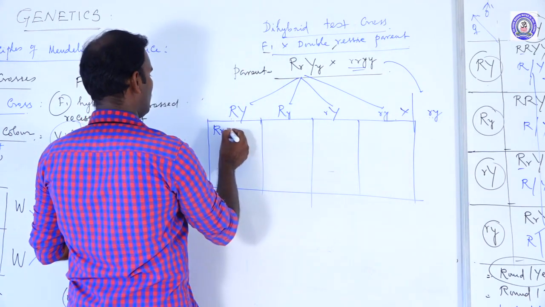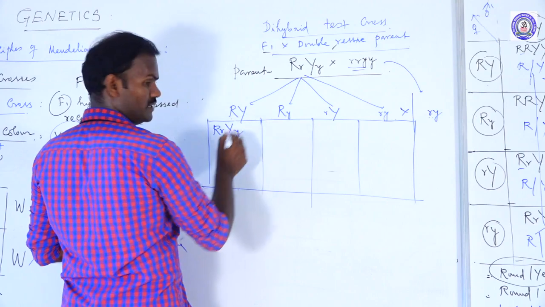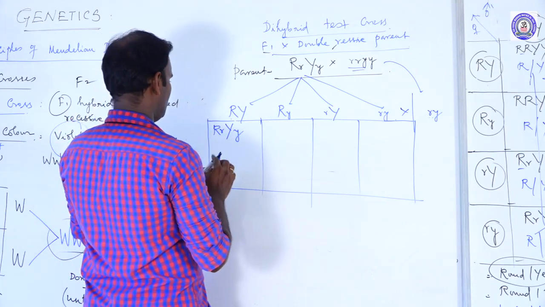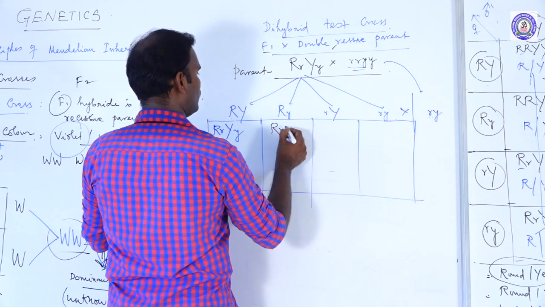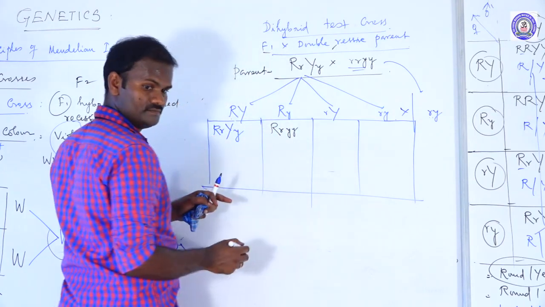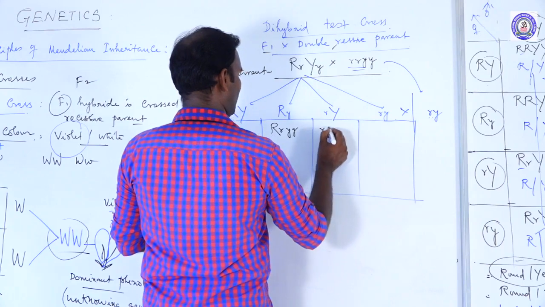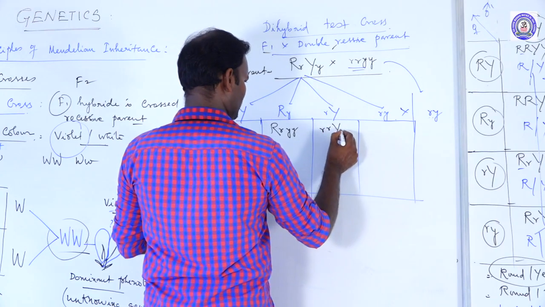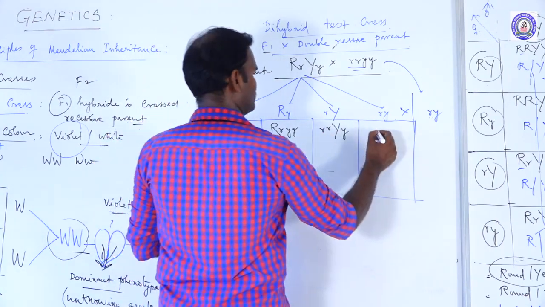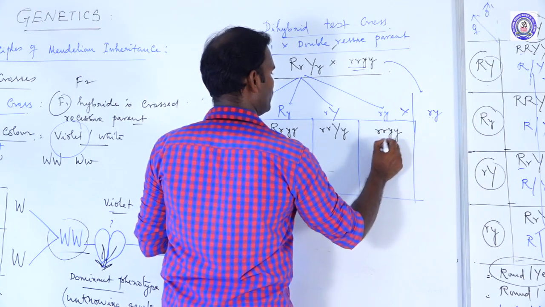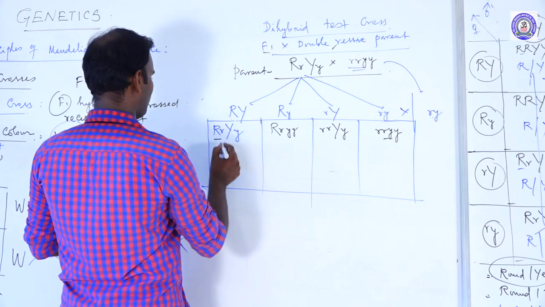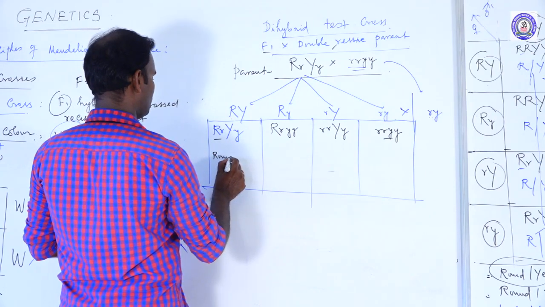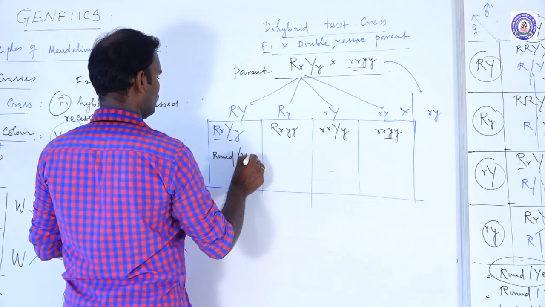Capital R, small r, capital Y, small y. Next this one, capital R, small r, small y, small y. Next is small r, small r, capital Y, small y. Next is small r, small r, small y, small y. If you take the example, capital R is round seed, capital Y is yellow.